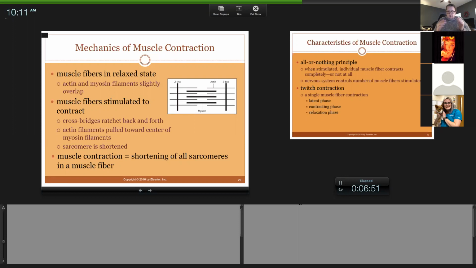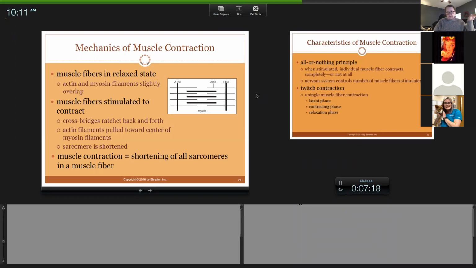So they are filaments that are going to stretch back and forth. So a muscle contraction is the shortening of all the individual sarcomeres. If you're looking here, a sarcomere would be over here. This is a sarcomere. There would be a sarcomere. If each one of those is shortening, the whole length is going to shorten. And that's how we get a contraction.